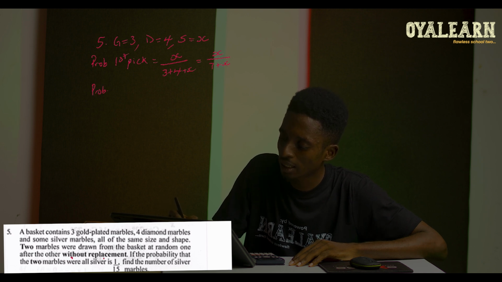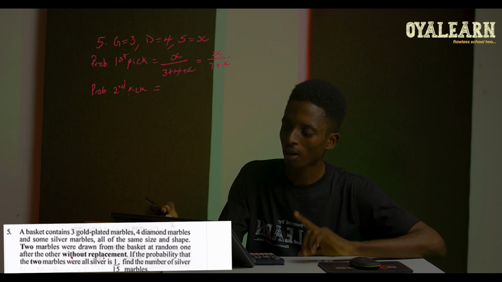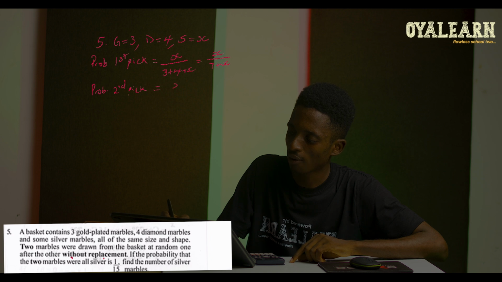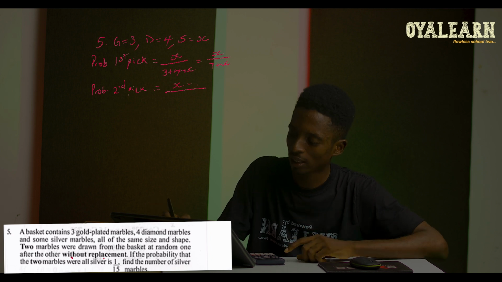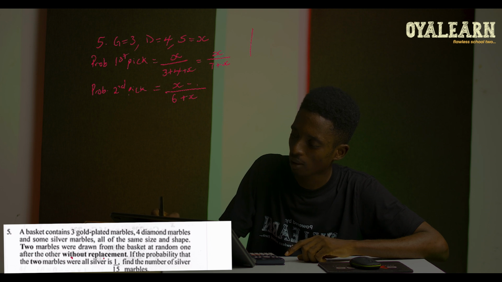Now, the probability that the second pick is also silver. The number of silver marbles has reduced by 1, so we would have x minus 1, over the total number of marbles, which has also reduced by 1. So 7 plus x minus 1 gives us 6 plus x.